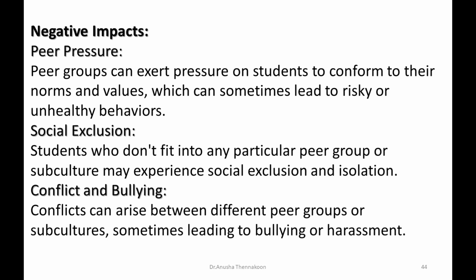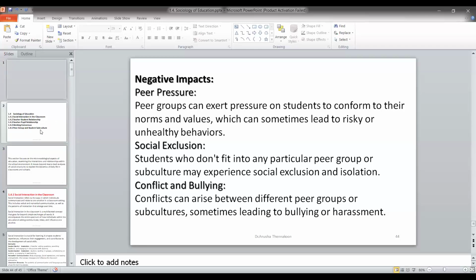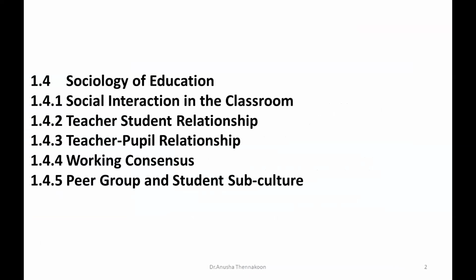That's what I wanted to finish quickly. If anything is not clear, you can just ask. Let me show you the topics we did. Sociology of education, social interactions in the classroom. Here we understood that social interactions are limited to the classroom environment. Then we discussed the teacher-student relationship. The teacher-pupil relationship we did not discuss because that is the same.